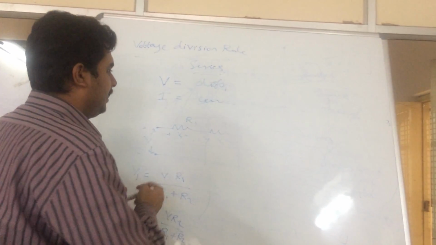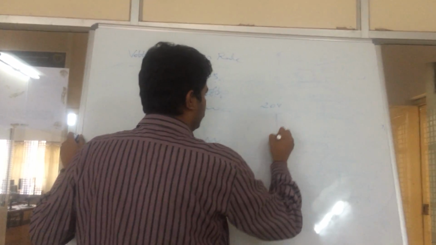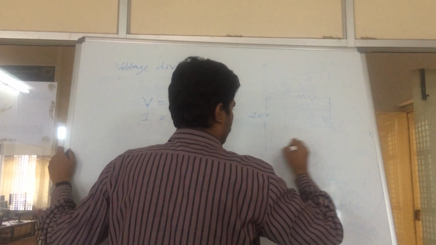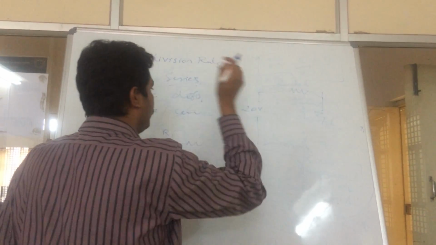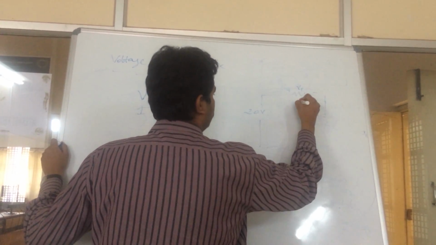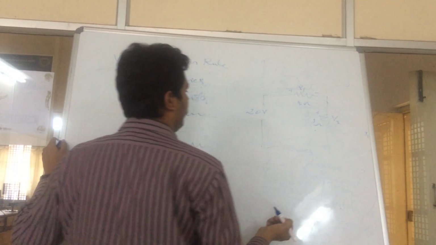The example says that here I am taking a voltage of 20 volts. I want to calculate across the 2 ohm resistor and the 3 ohm resistor, V1 and V2.